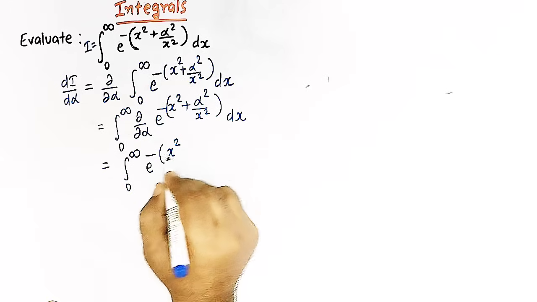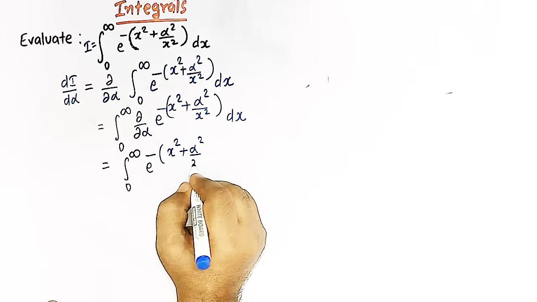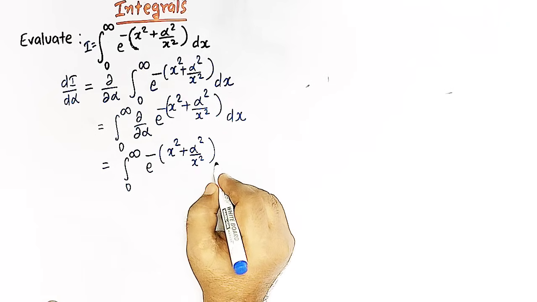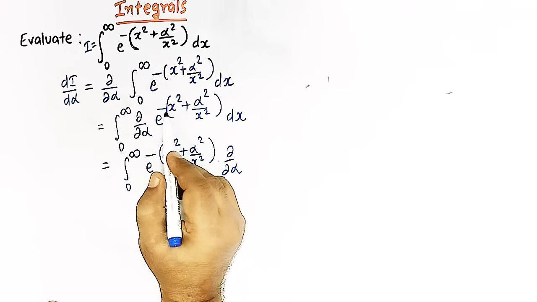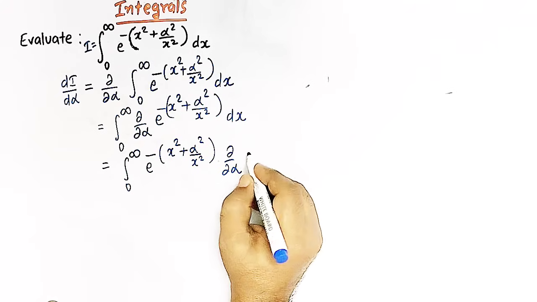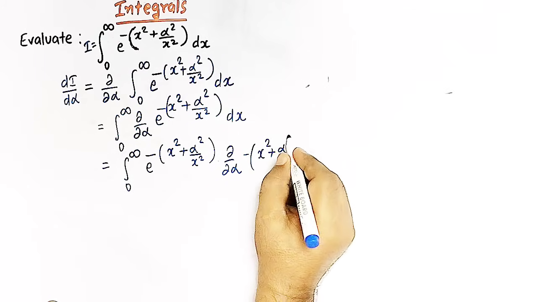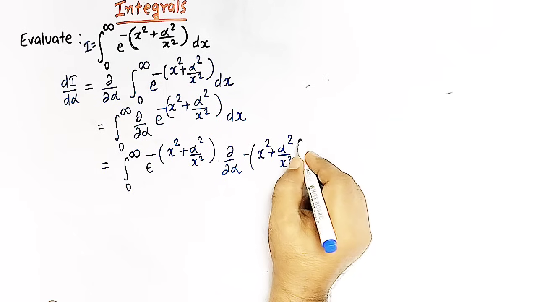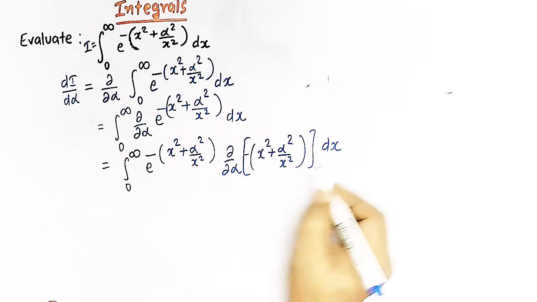So here we have e raised to minus (x square plus alpha square over x square), and then by chain rule we differentiate this term, that is the negative of (x square plus alpha square over x square), right? And here we have dx.